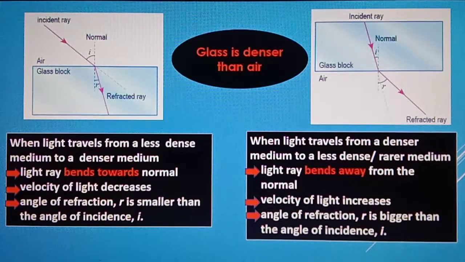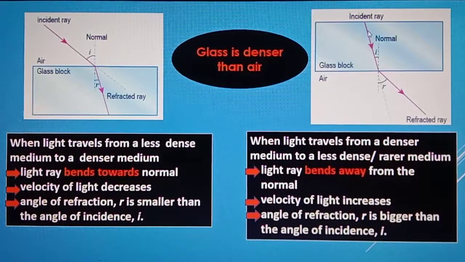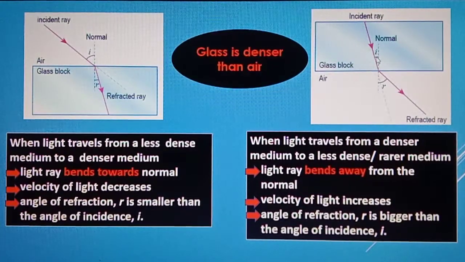Okay, next, the second situation. Now the light ray travels from glass to air. At the point of incidence, same thing, we draw a normal line. So this is angle I. What happens to the light ray in this case is the light ray bends away from the normal. You can see this line is the original line when there is no change in density. So you can see how the light ray deviates from the original path.